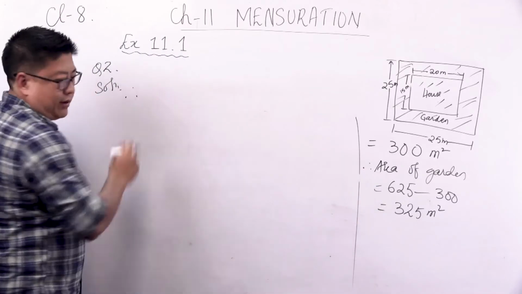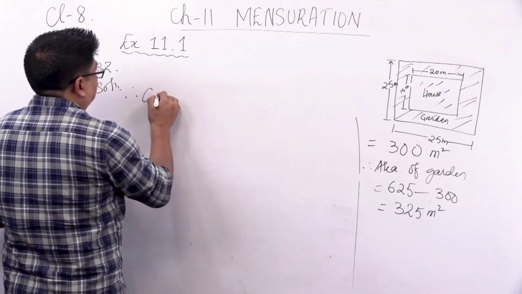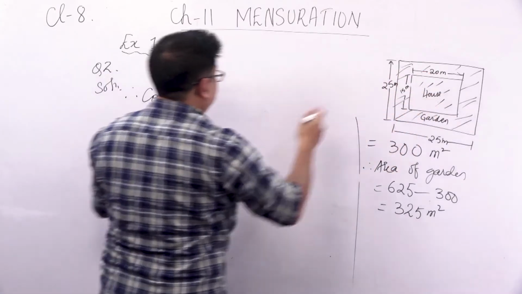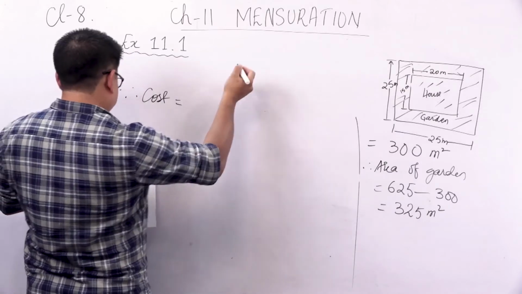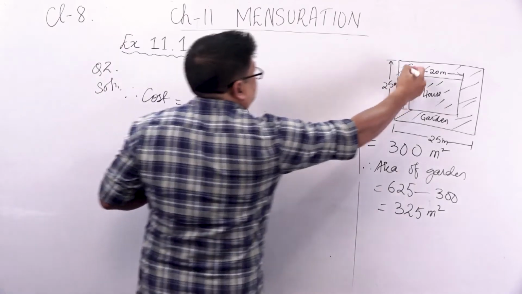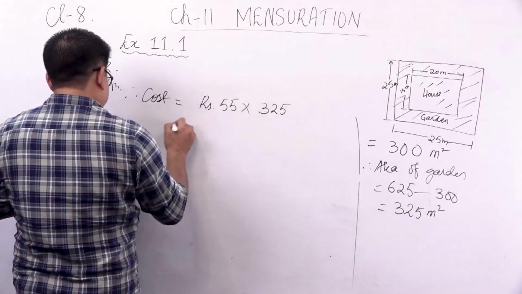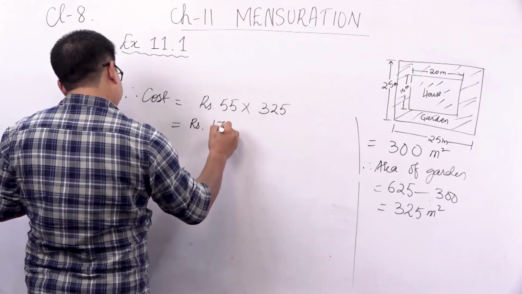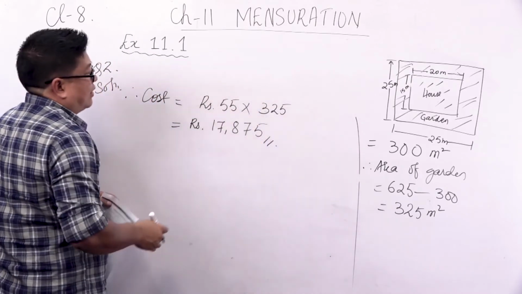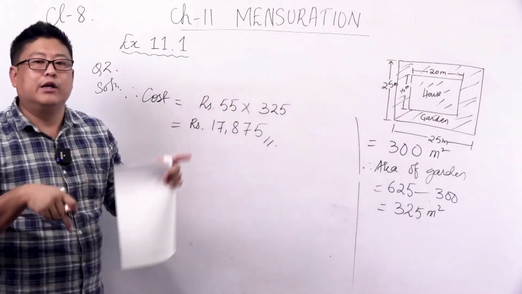So we will write, therefore, cost of developing the garden at rupees 55 per square meter is rupees 55 into the area of this portion, 325. So when you multiply this, you will get rupees 17,875. So this is the total cost of making a garden around the house inside the square plot.